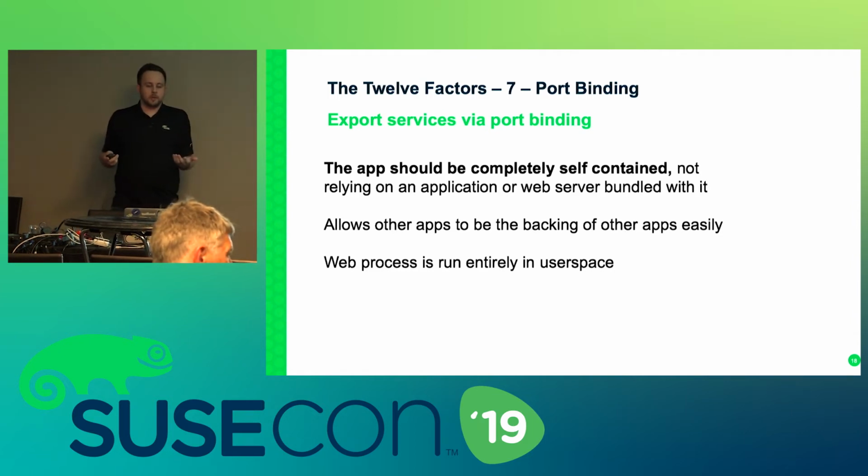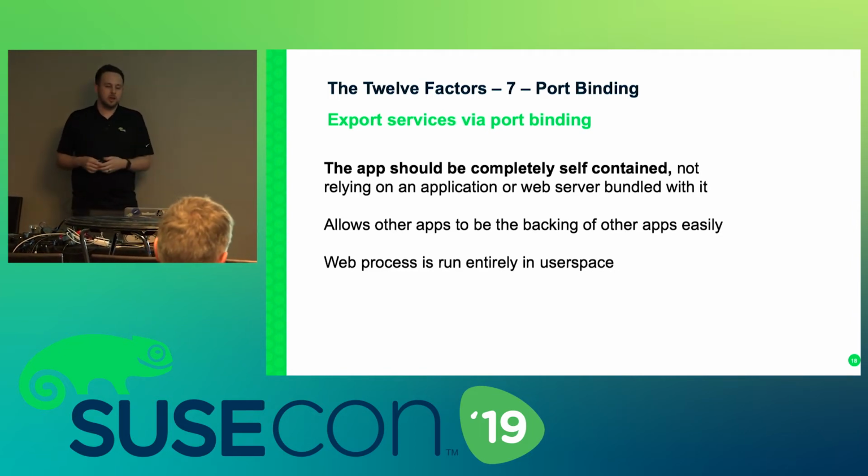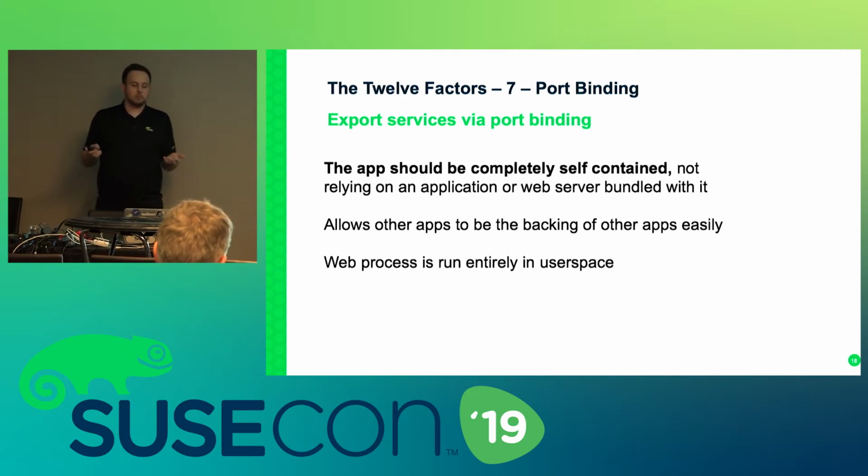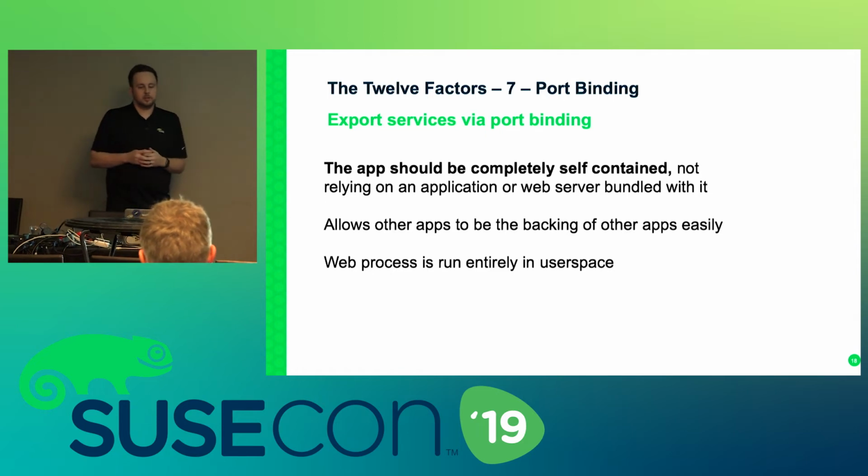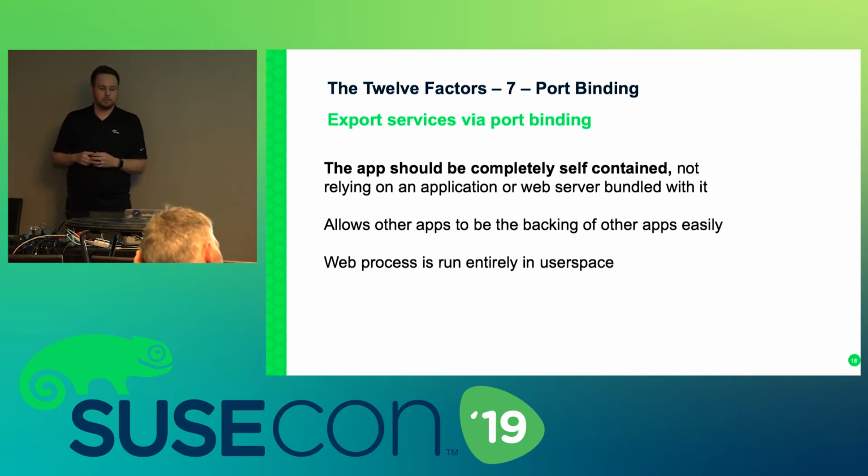It also means you're not dependent on Tomcat or other application servers, WebLogic and other horrible things like that, because that web server is actually made by the application itself using, like I say, the Tornado library or something like that. It's run entirely in user space.